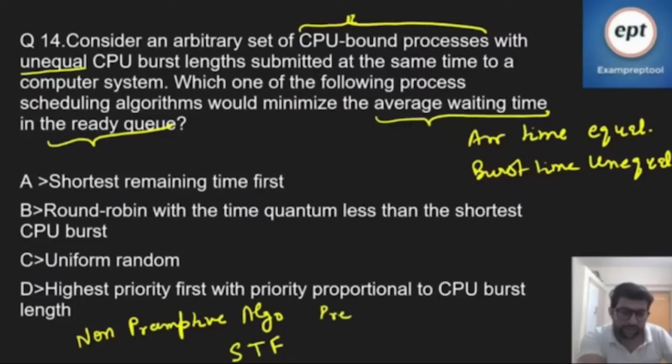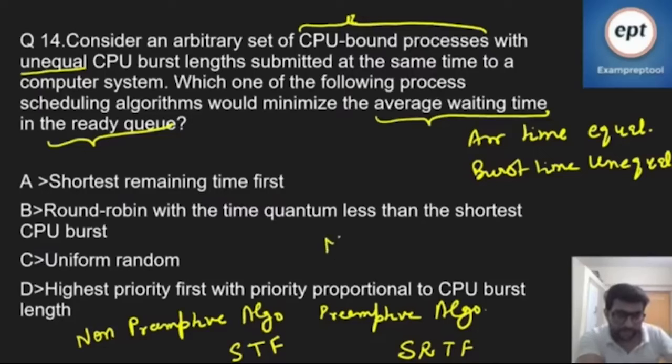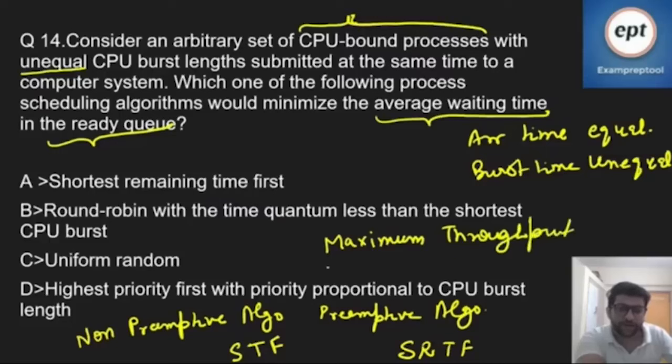And for preemptive algorithms, SRTF, shortest remaining time first, will give the maximum throughput and minimum average waiting time and turnaround time.